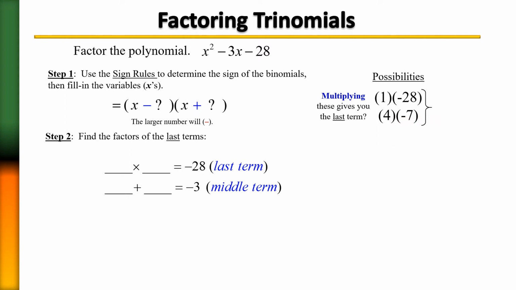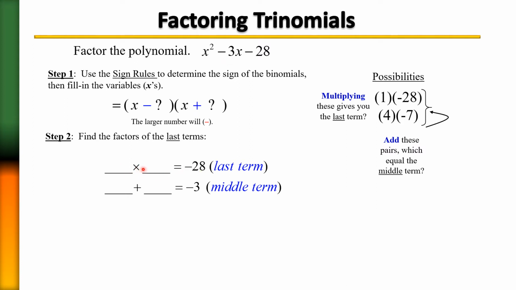So now that I have all the possibilities of getting negative 28, I want to ask which one of those, if we were to add them together, will give me my middle term of negative 3, because remember, it has to meet both criteria.